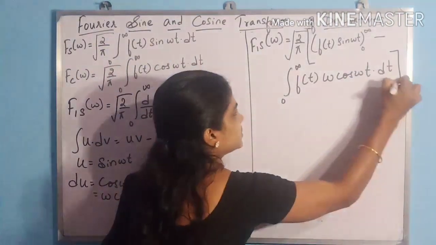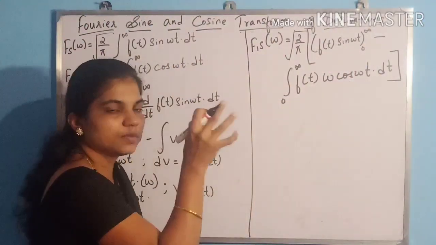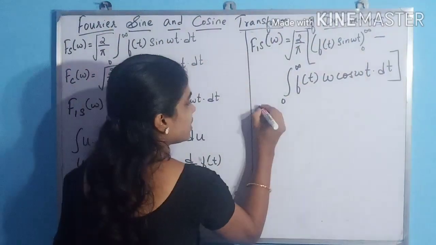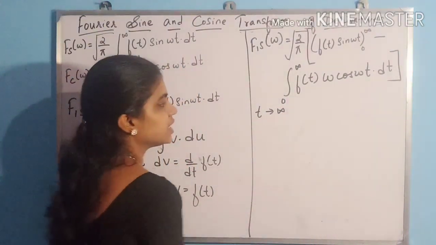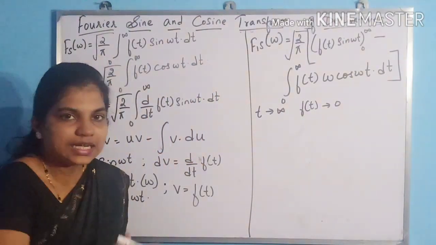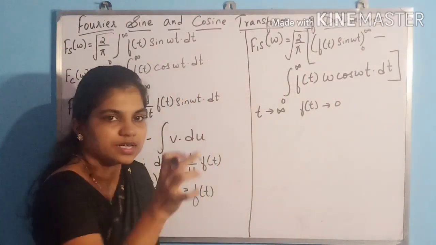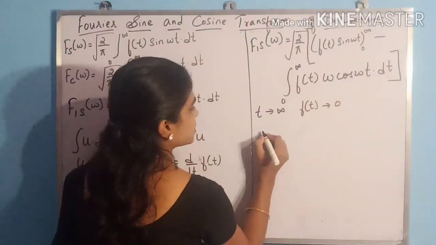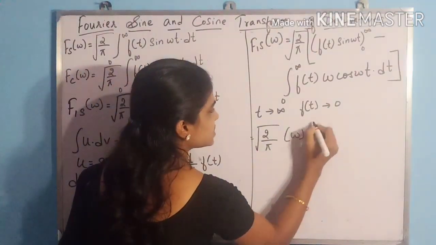Okay, bracket close. Now here, what will be the value of this when I apply the limits? So we here see that t tends to infinity, f of t tends to 0. So when t tends to infinity, f of t tends to 0. So this particular part is going to become equal to 0. And what is left here is, we are left with root of 2 by pi, omega is a constant, I bring it out.